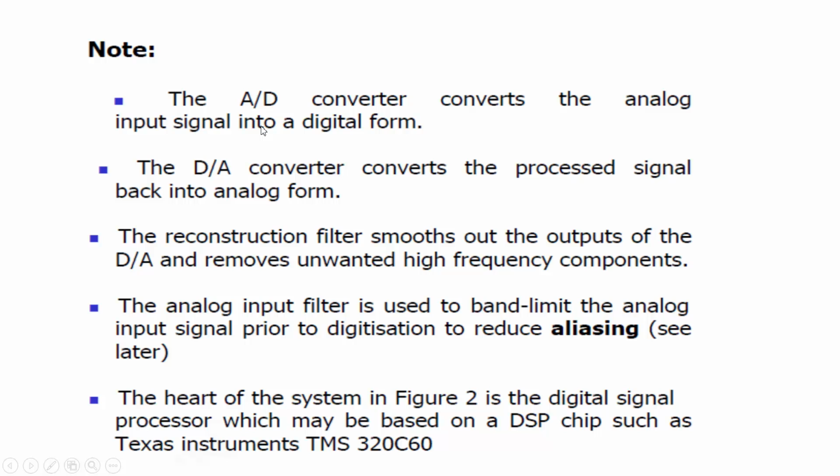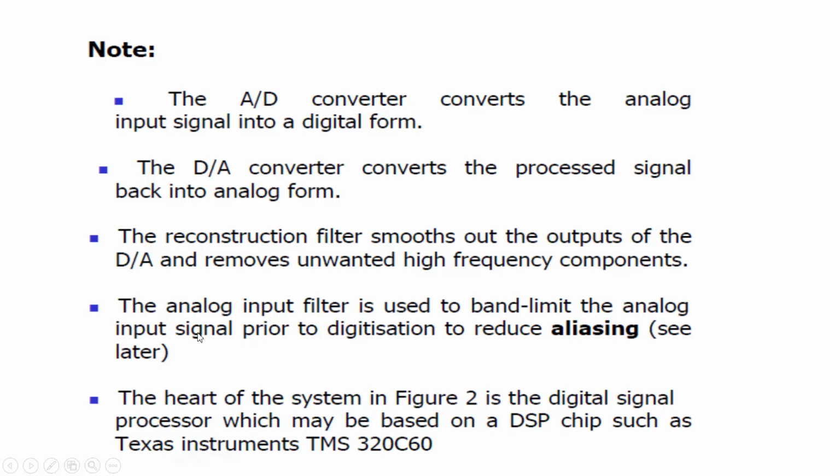The same is written here in this slide. The A to D converter converts the analog input signal into a digital form. The D to A converter converts the signal back into the analog form. The reconstruction filter smooths out the outputs of the D to A converter and removes unwanted high frequency components.